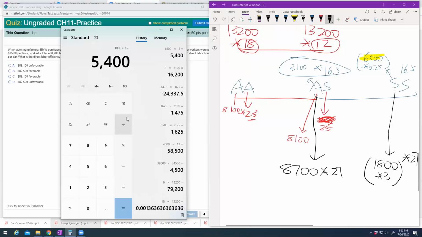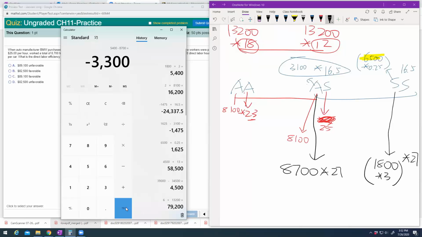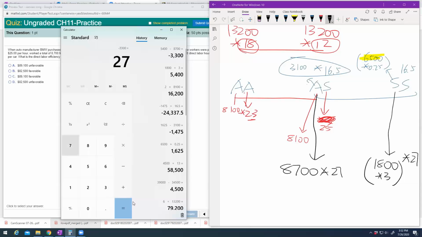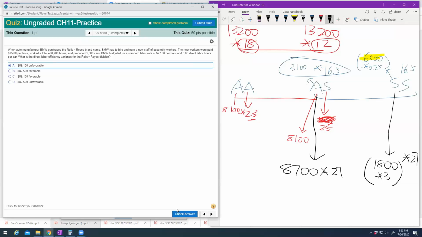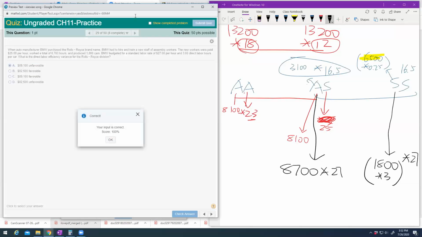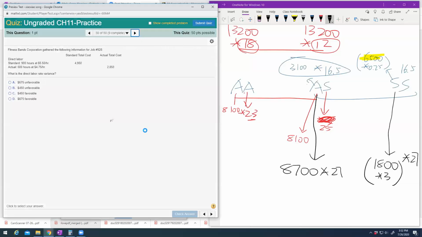So the standard said you totally should use 5,400 hours, but you used 8,700. So you used 3,300 more. For 1 hour, you pay 27. So totally you have an unfavorable $89,100 as the efficiency variance.